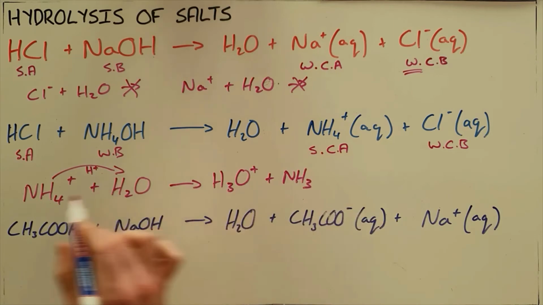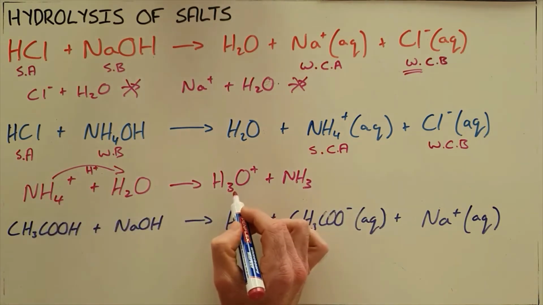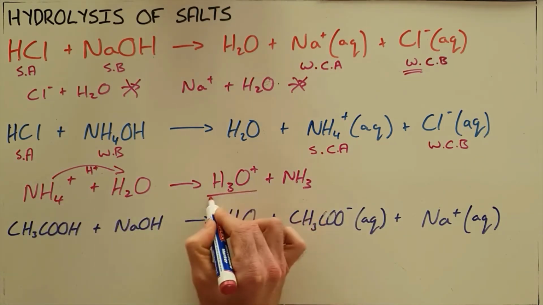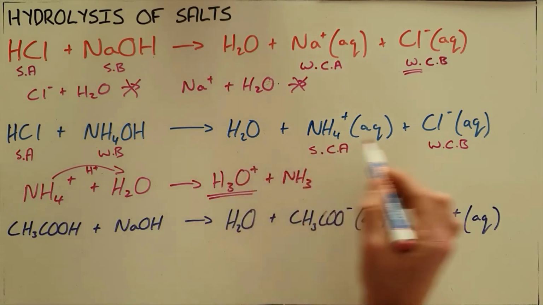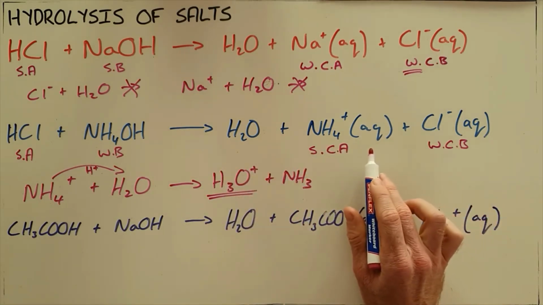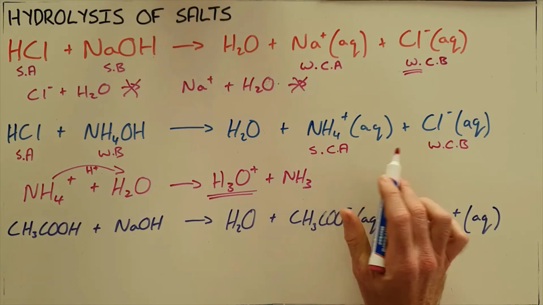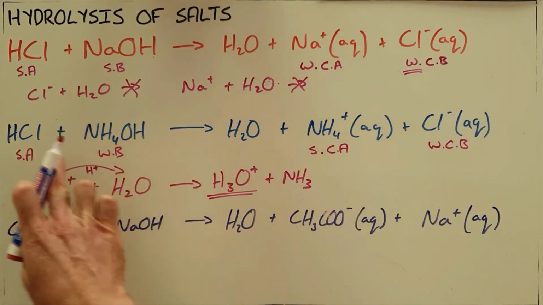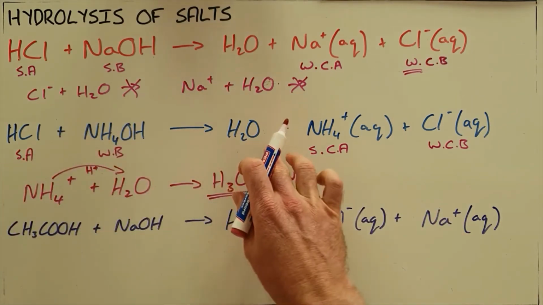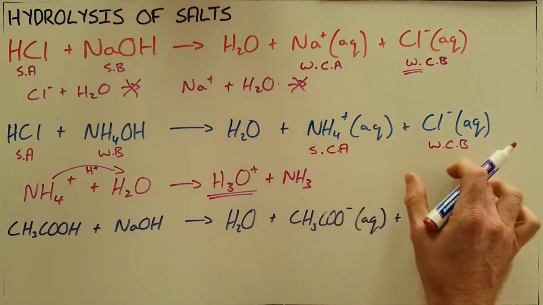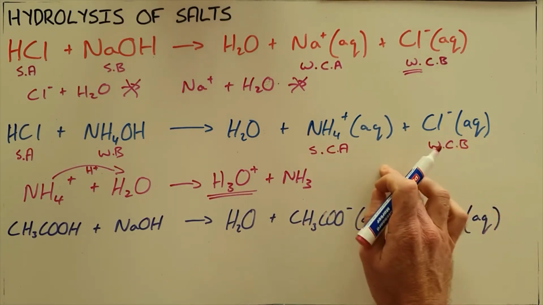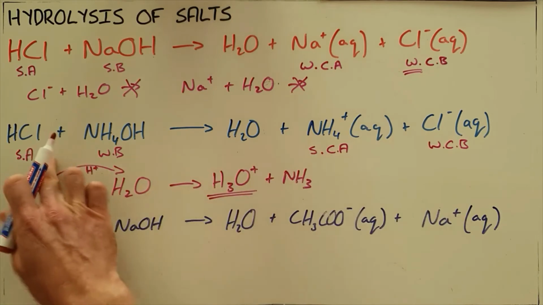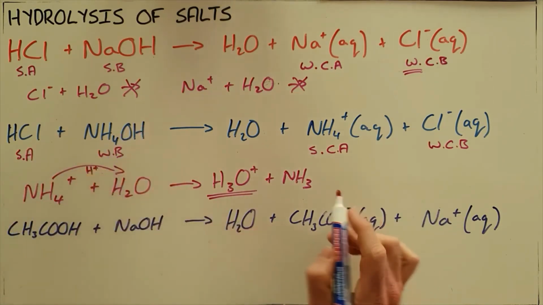This hydrolysis of ammonium with water clearly shows that our products form hydronium, and what that implies is that even though we have a neutralization reaction between an acid and a base, our salt, the ammonium chloride, is still acidic because we had a strong acid and a weak base.